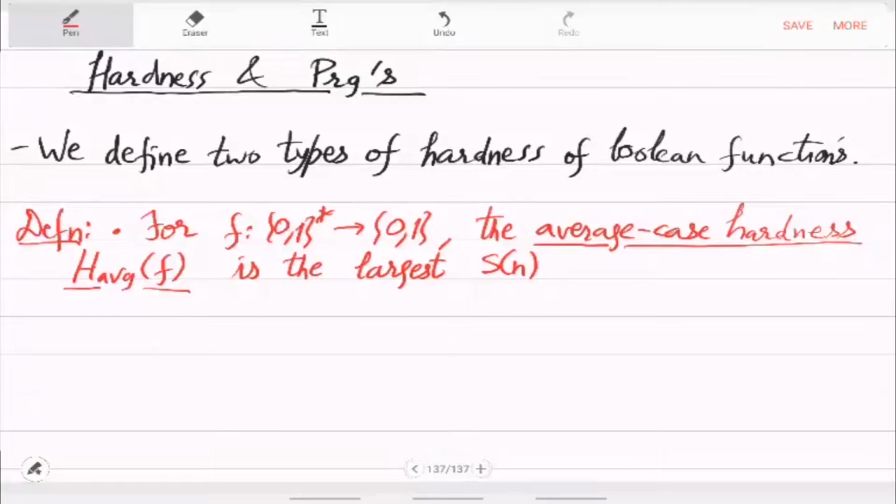But again, a function S will be called the average case hardness of F, Boolean function F, such that for every circuit Cn of size Sn, Cn will not be able to solve F very well.